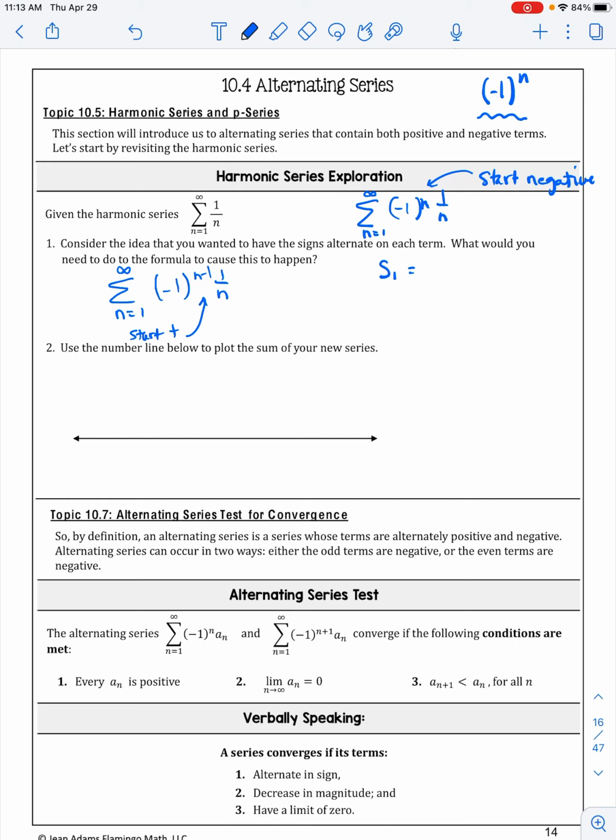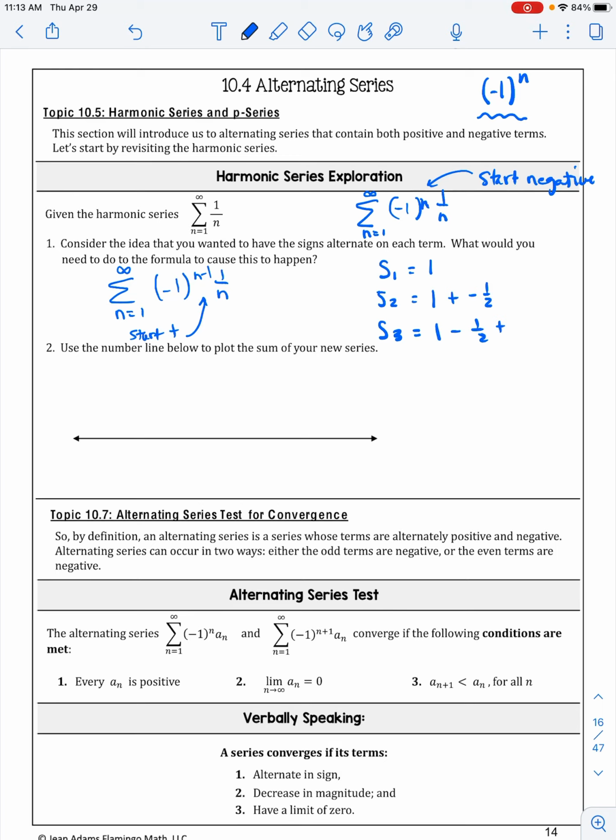So here we go. If we did our partial sums, the sum of the first one: if I put 1 in, I would get positive, -1 to the 0 is +1, times 1 over 1. I would get 1. If I did the second partial sum, that would be the first term plus the second, which would give me a -1/2.